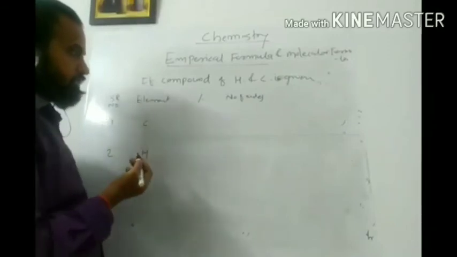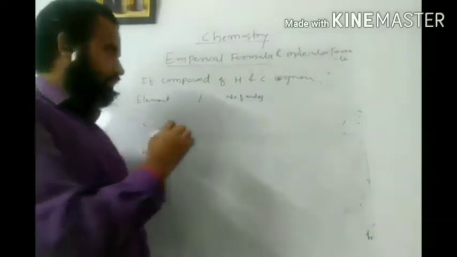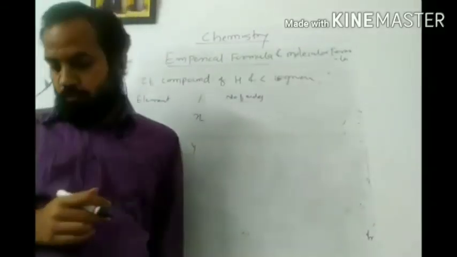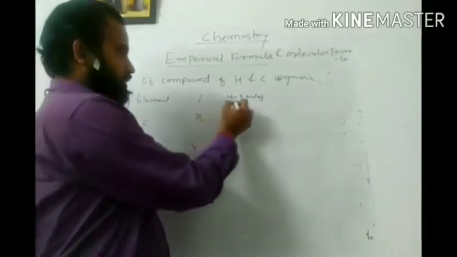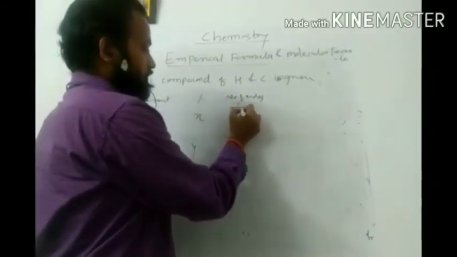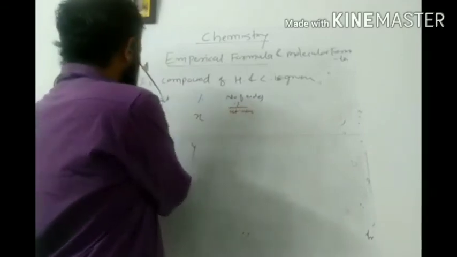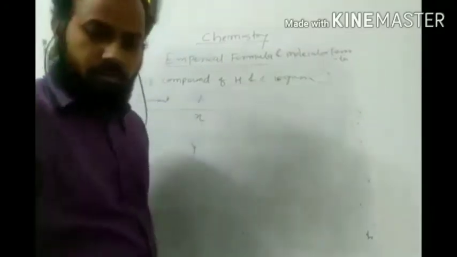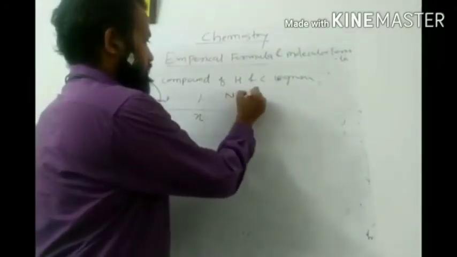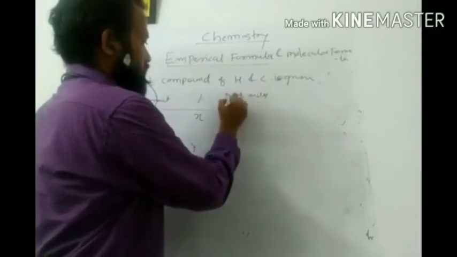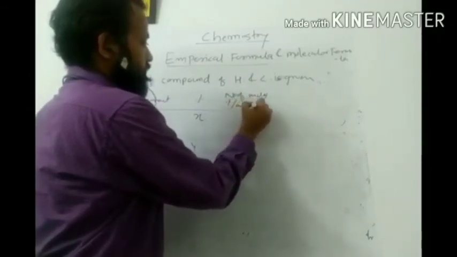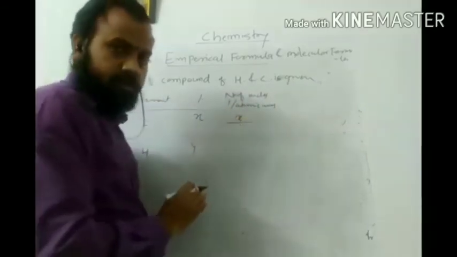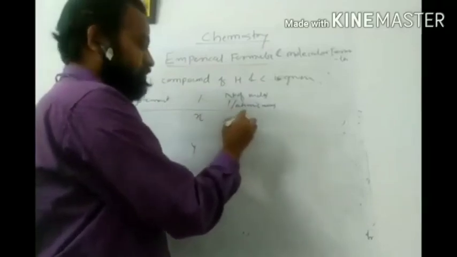Percentage is generally, let us say, we have to assume here in this example it is X and Y. The number of moles is calculated by percentage divided by atomic mass. Here X is the percentage given and the atomic mass of carbon is 12, isn't it?